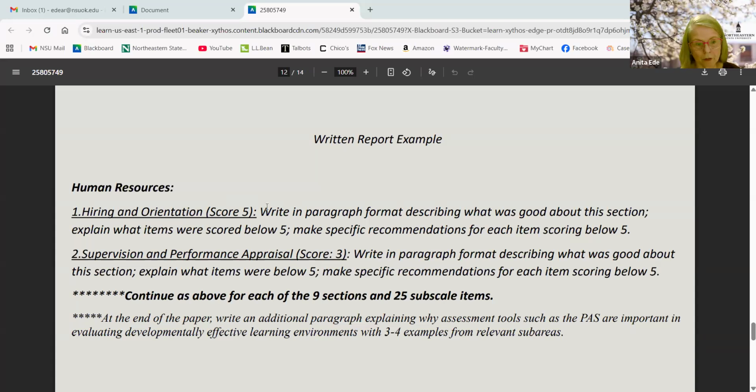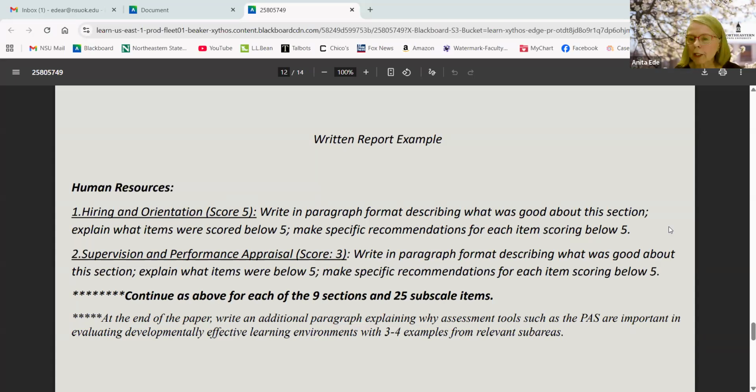So always indicate the score. You're going to write in paragraph format describing what was good about this section. Why did they even warrant a 5? And explain what items were scored below 5. Something might have had a 3 or 2.